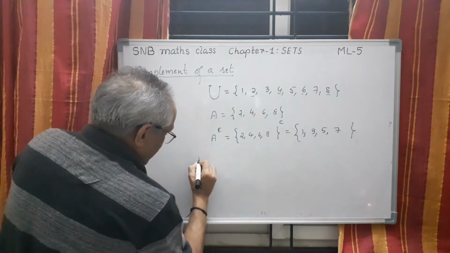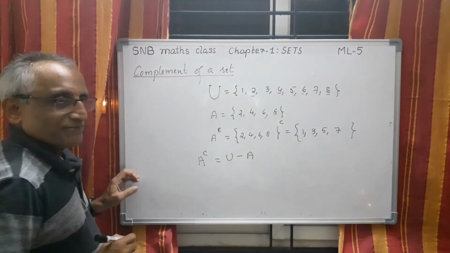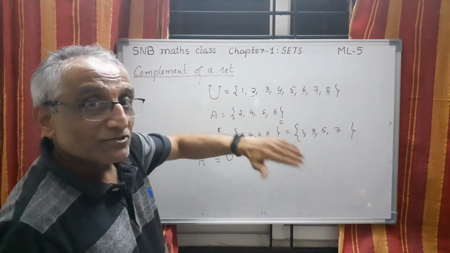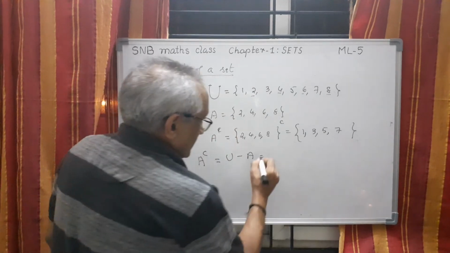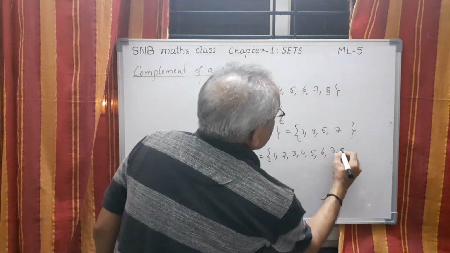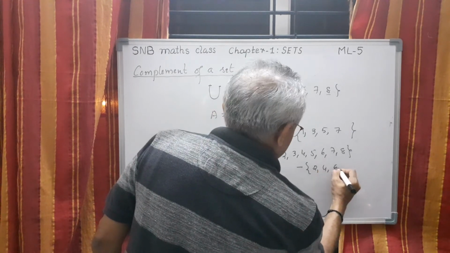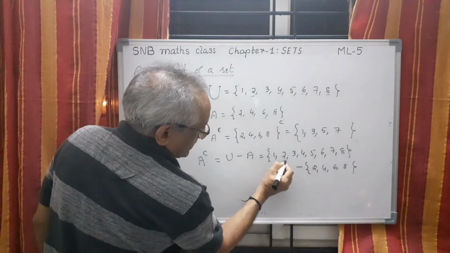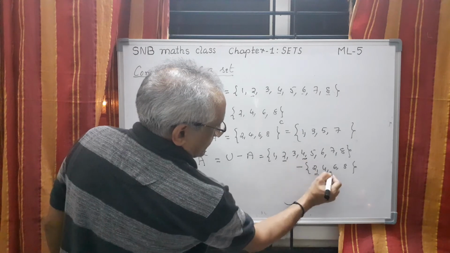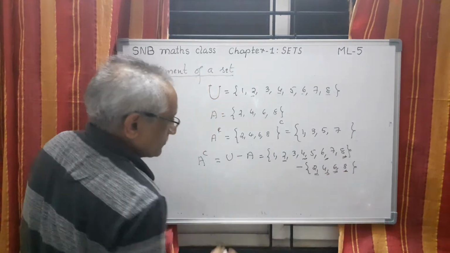Yes, A complement can also be written as U minus A. Because U minus A means whatever element is in U I take, but those elements should not be in A. So 1, 2, 3, 4, 5, 6, 7, 8 minus 2, 4, 6, 8: 2, 4, 6 and 8 are in A, so I remove them.